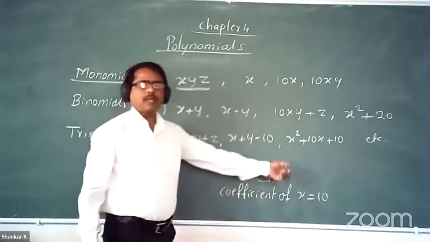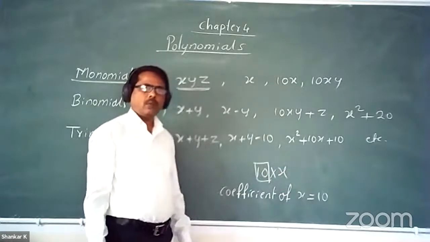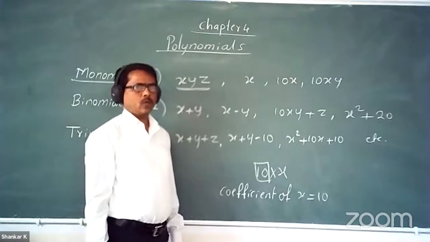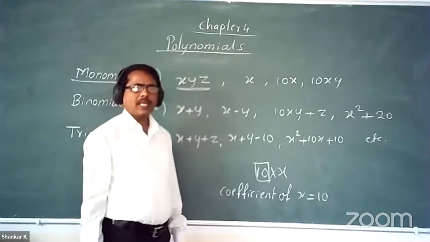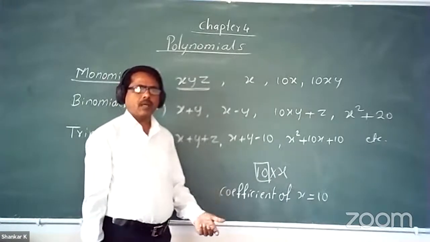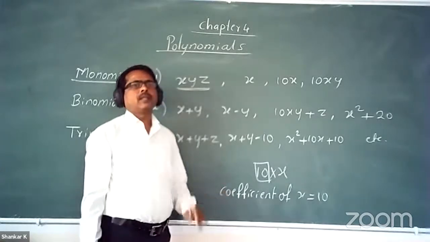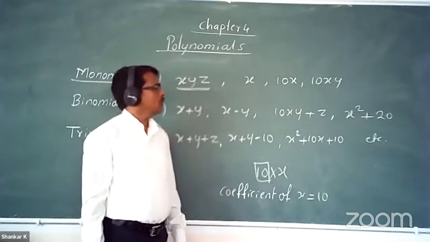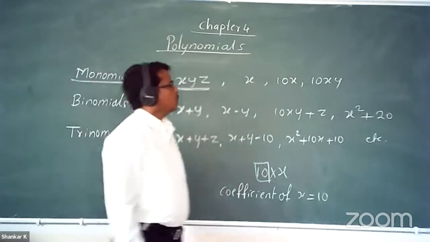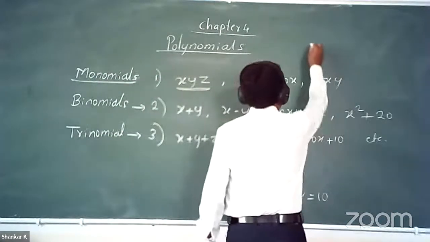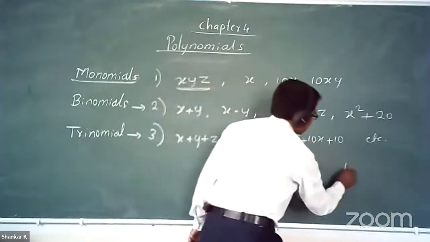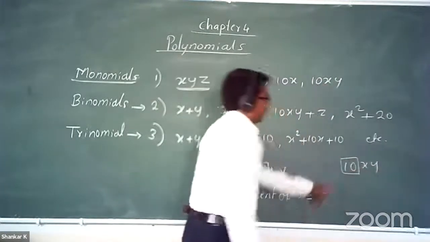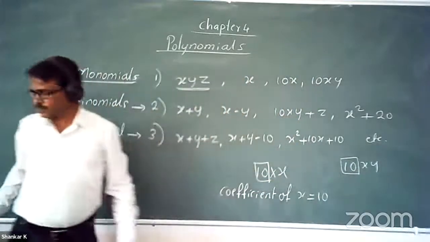The number multiplied to the variable part of a term is known as numerical coefficient. So in 10xy, what is multiplied to the variable part? Here 10 is multiplied, so 10 is the numerical coefficient.